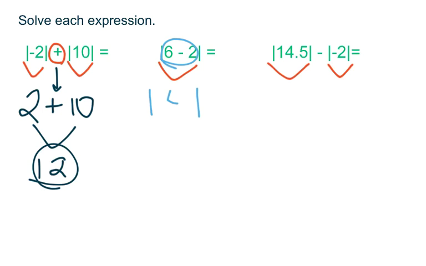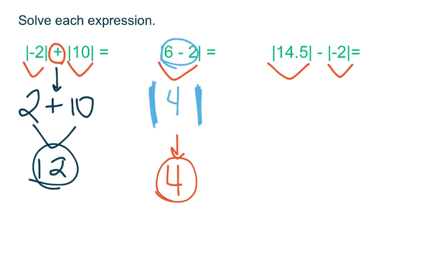So 6 minus 2 is 4. Notice I wrote my absolute value bars still around the number because I haven't found the absolute value yet of anything. Now I'm going to find the absolute value of 4, and the absolute value or distance of 4 from 0 is going to be 4. So my answer for the second question would be 4.